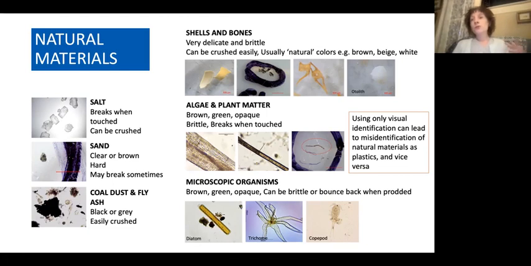And so most groups do not just use visual identification. They also use some sort of instrumentation for analytical confirmation that those items that they designate as potentially being plastic are actually plastic.